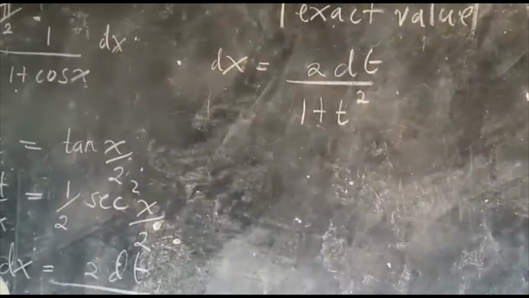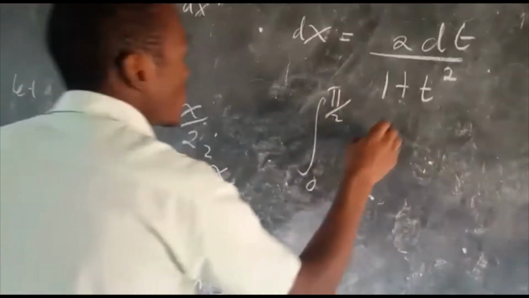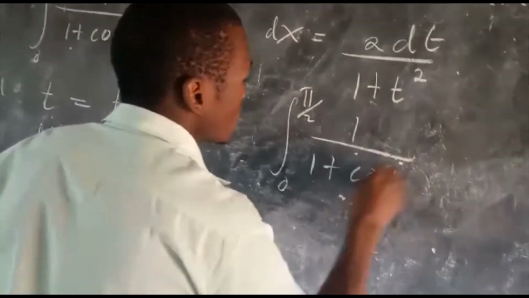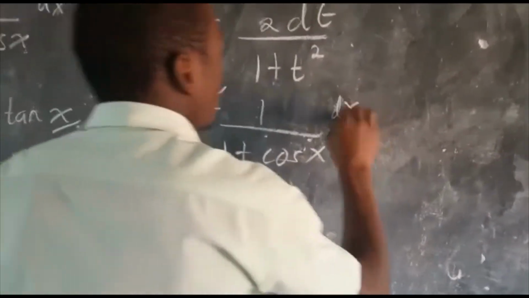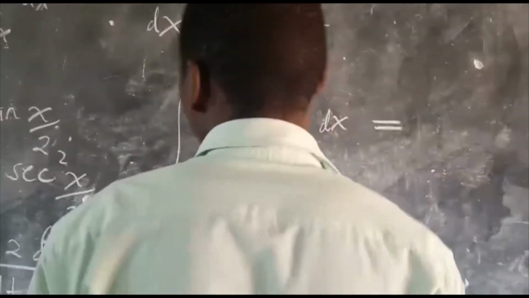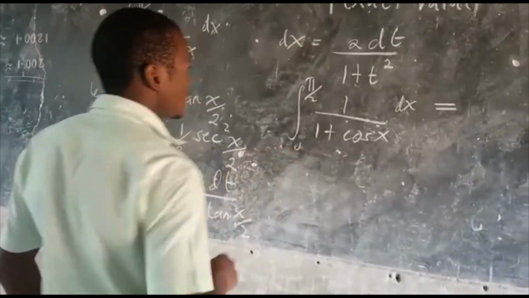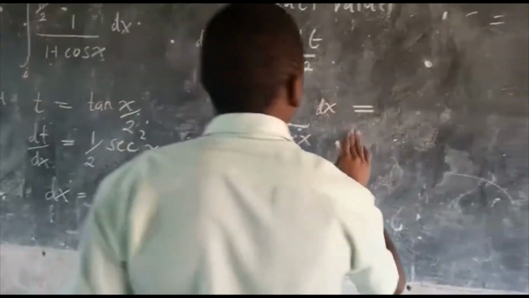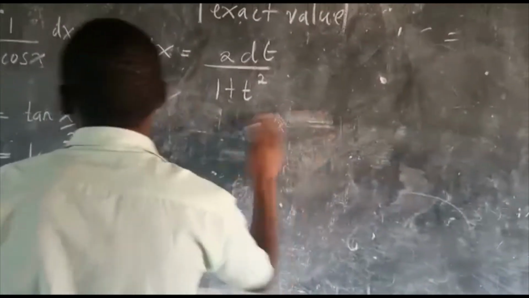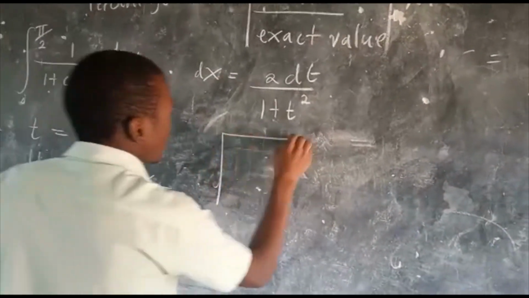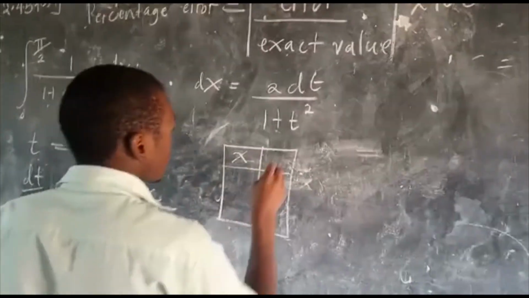Now I substitute for dx in the integral from 0 to pi over 2 of 1 over 1 plus cos x dx. But from here I can first get the values of t in terms of x.